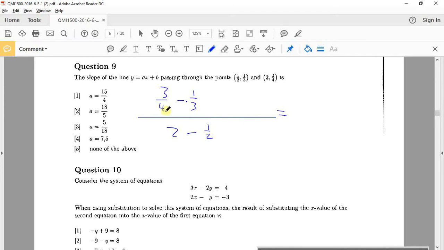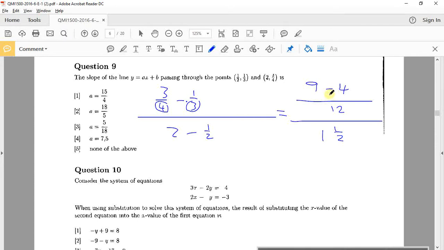Okay, equals. Alright, so what is that going to be? That will be a 12. Okay, so 4 times 3, 3 times 3, 9. 3 times 4, 1 times 4, 4. 2 minus a half is 1.5.